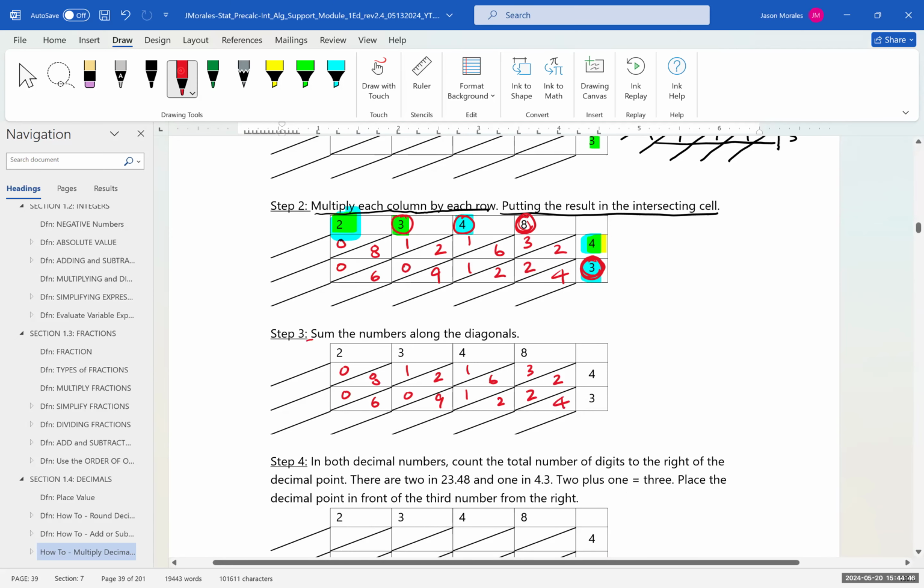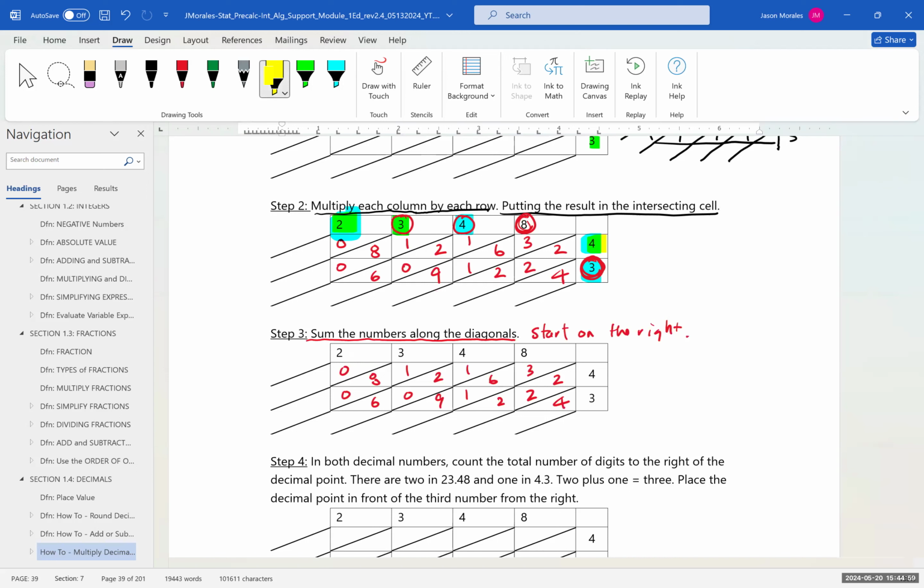Step 3 is to sum the numbers along the diagonals, and I would say start on the right. Starting on the right, we start with this 4. 4 by itself, we're just left with 4. Then in the next diagonal, we've got 2, 4, 6. Then in this one, 9 plus 1 is 10.